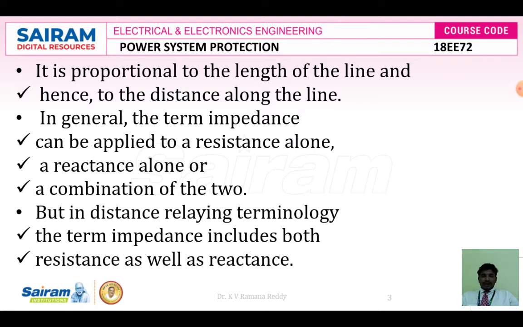That is, if the fault location and the relay location are far apart, then the impedance increases. If it is less, then the impedance value decreases. Therefore the impedance is proportional to the length of the line and hence to the distance along the line.